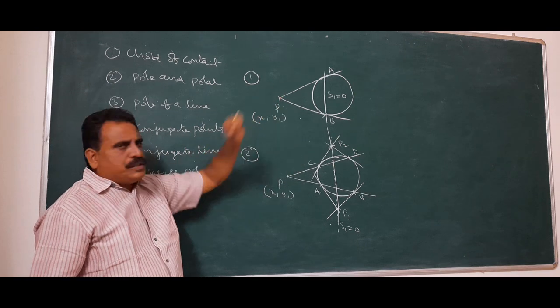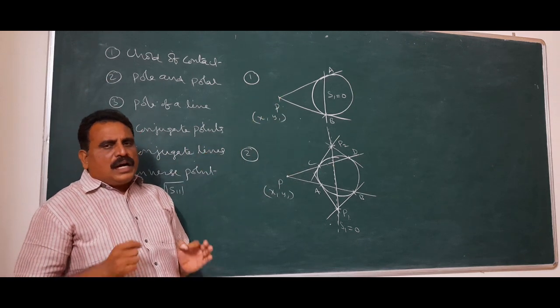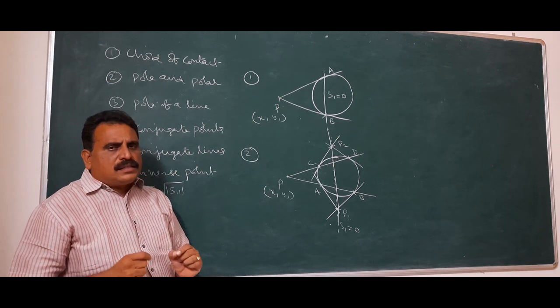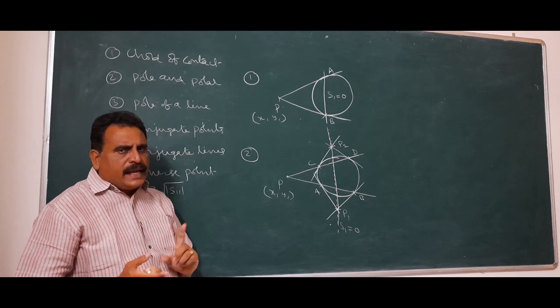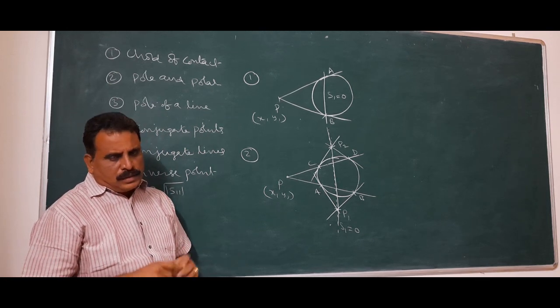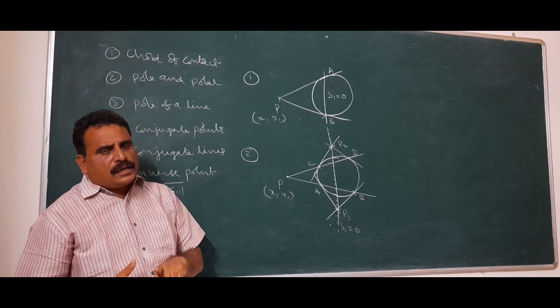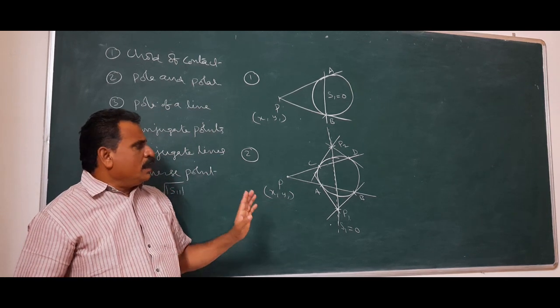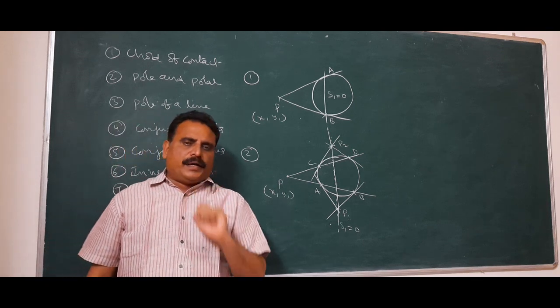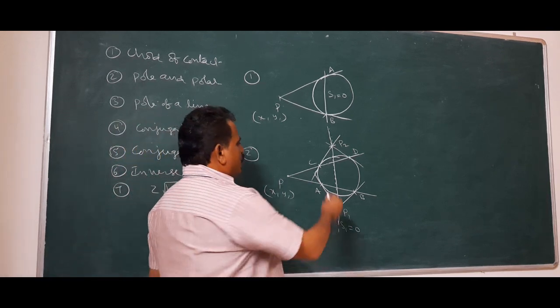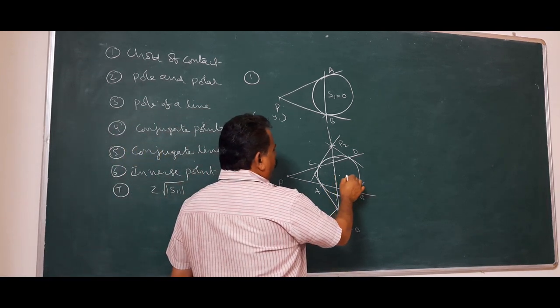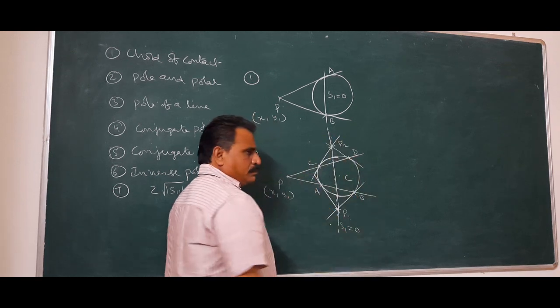Here, in the first point, chord of contact exists only for external points, whereas polar exists for any point except one point, that is the center of the circle. Why does polar not exist for the center?